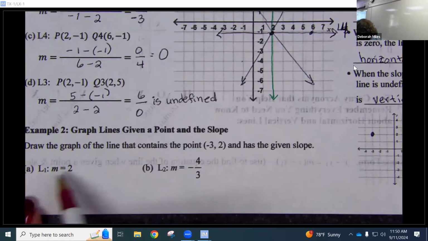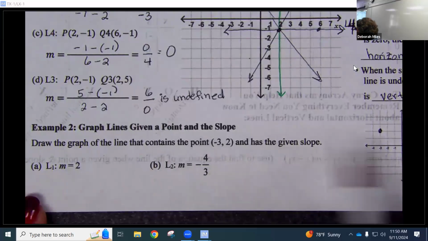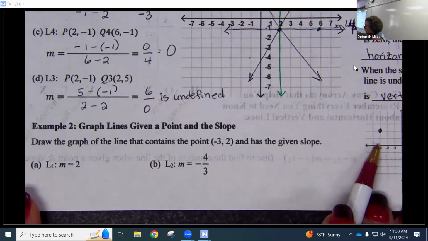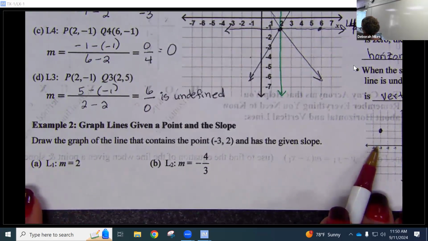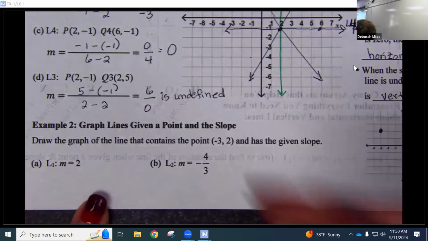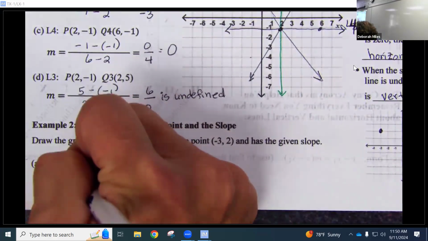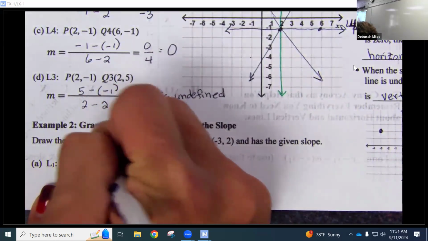What does a slope of 2 tell me to do from that point? How do I get another graph when the slope is 2? Go over. That would be run over rise, and slope is rise over run. So, yeah, you just had it backwards. That 2 is my rise.